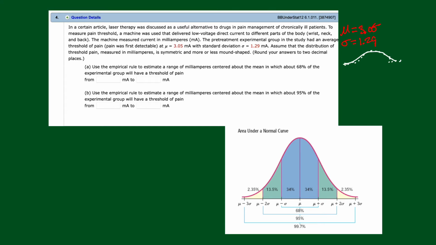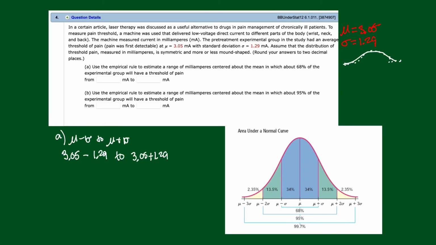So for part A, I want to go from the mean minus 1 standard deviation to the mean plus 1 standard deviation. If you want to write the ones out, that's fine. What is the mean? The mean is 3.05, minus 1 standard deviation, 1.29, to 3.05 plus 1.29.